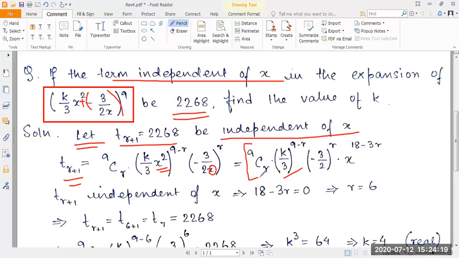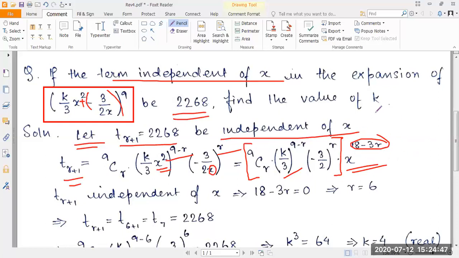What we are left with, x squared to the power 9 minus r, is essentially x to the power 18 minus 2r. And if we put x to the power minus r, we get a total exponent of x to the power 18 minus 3r. So 18 minus 2r from this portion and minus r from this portion.